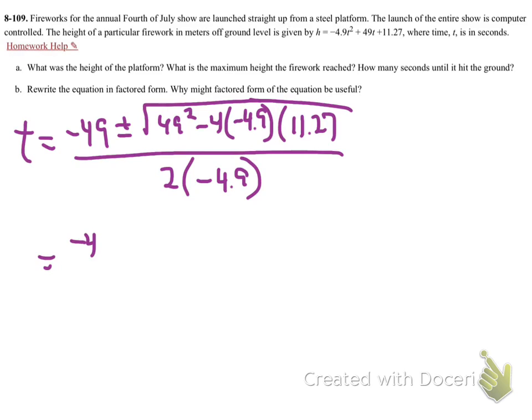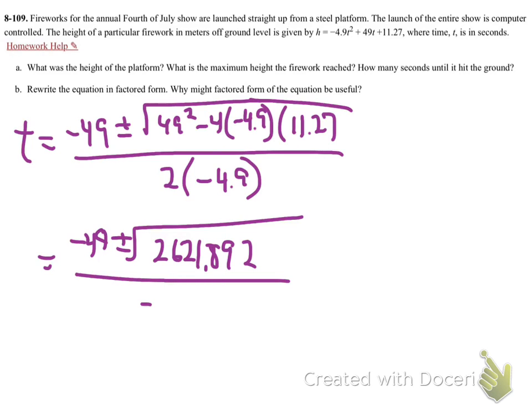So simplifying this here, everything underneath the radical is called the discriminant. So the discriminant for this problem is 2621.892, all divided by negative 9.8.